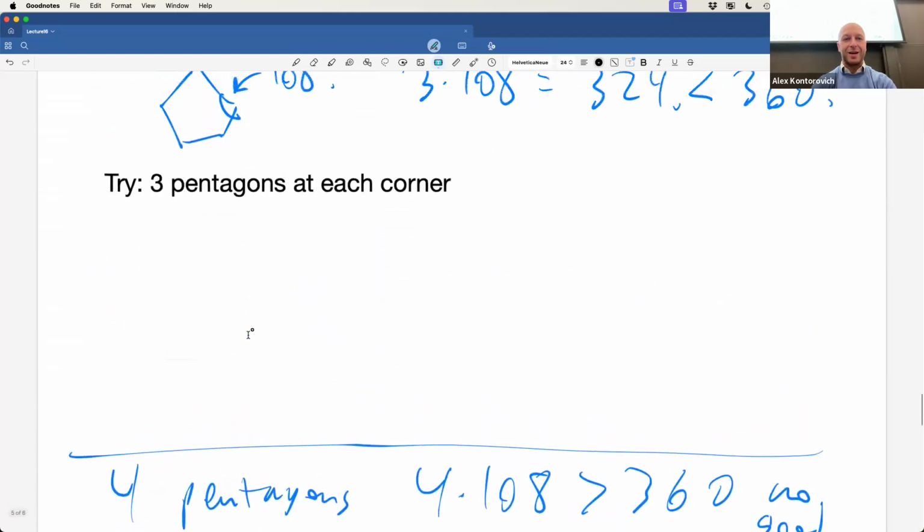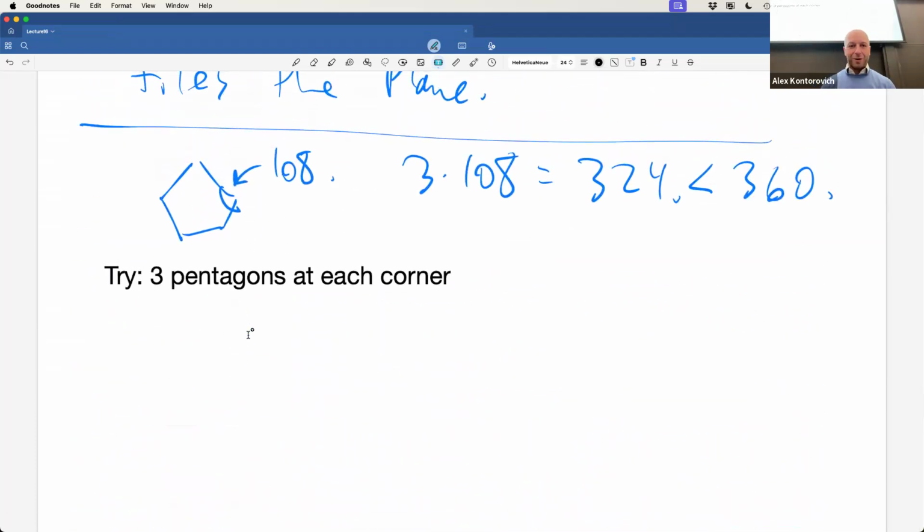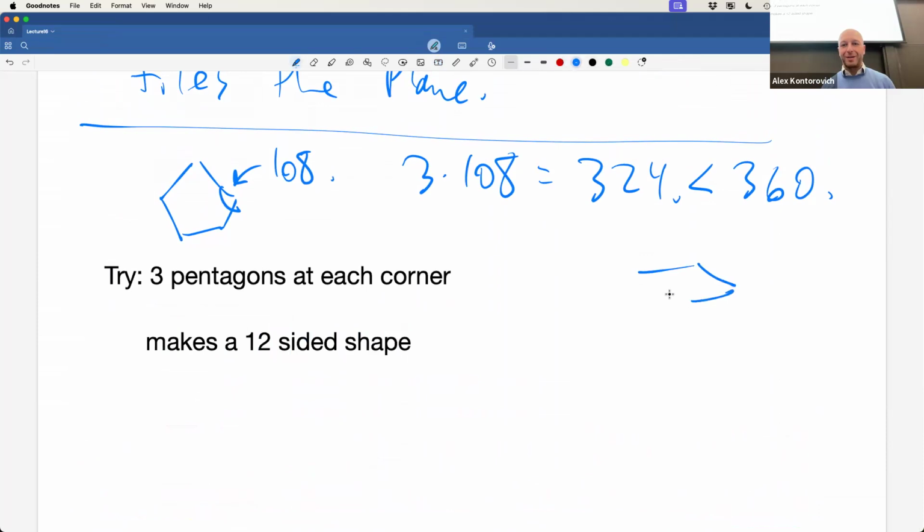Okay, so let's go back here. Try 3 pentagons at each corner. That makes a 12-sided shape. Again, the schematic is a pentagon on top, a pentagon on bottom. Well, let's draw pentagons around. I can't draw this, it's too hard.